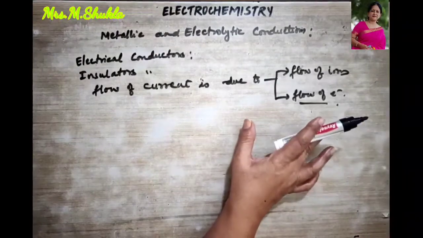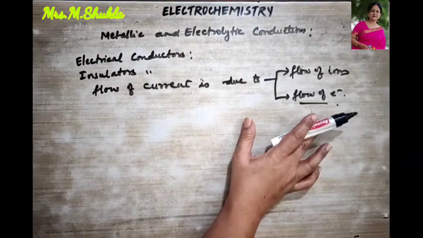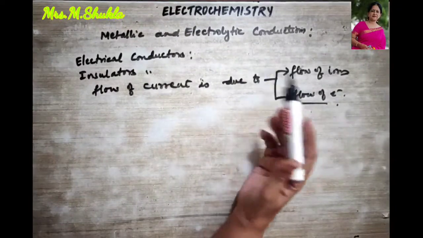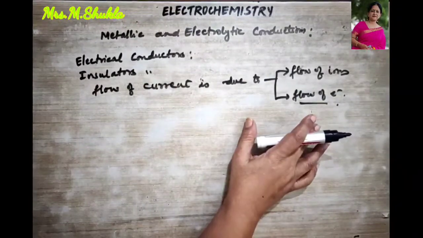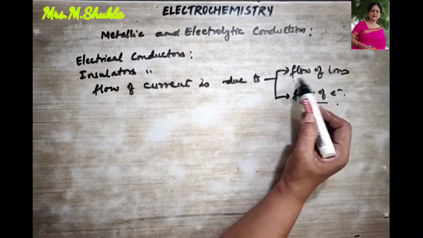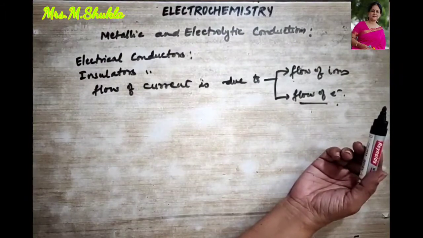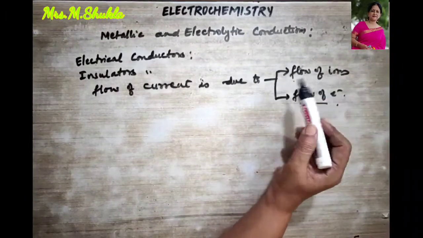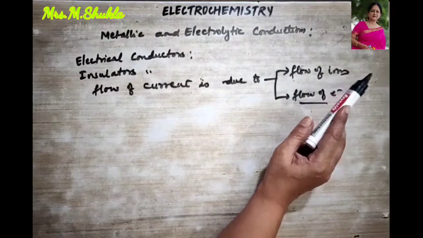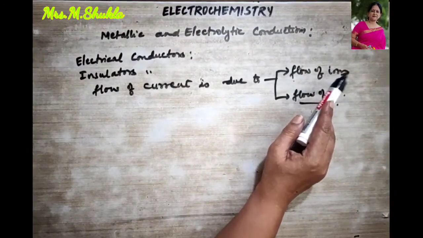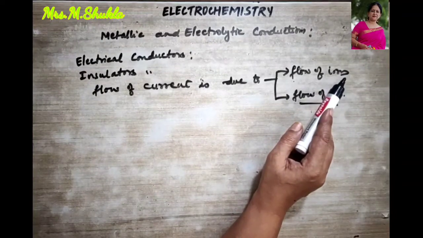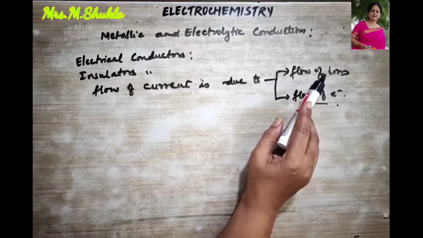Over here, no chemical change takes place, and thus we say that metallic conduction decreases with the increase in temperature. Clear? Now next we talk about the flow of current due to ions. Such substances which allow the current to pass through due to the flow of mobile ions are called electrolytic conductors, and the phenomenon is termed electrolytic conduction.